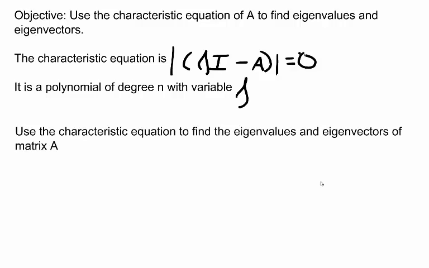Let's use the characteristic equation to find the eigenvalues and eigenvectors of matrix A, where matrix A is equal to 3, 2, 4, 1, and is a 2 by 2 matrix. Since we don't yet know the specific values of lambda, we're going to write the characteristic equation of A as follows.